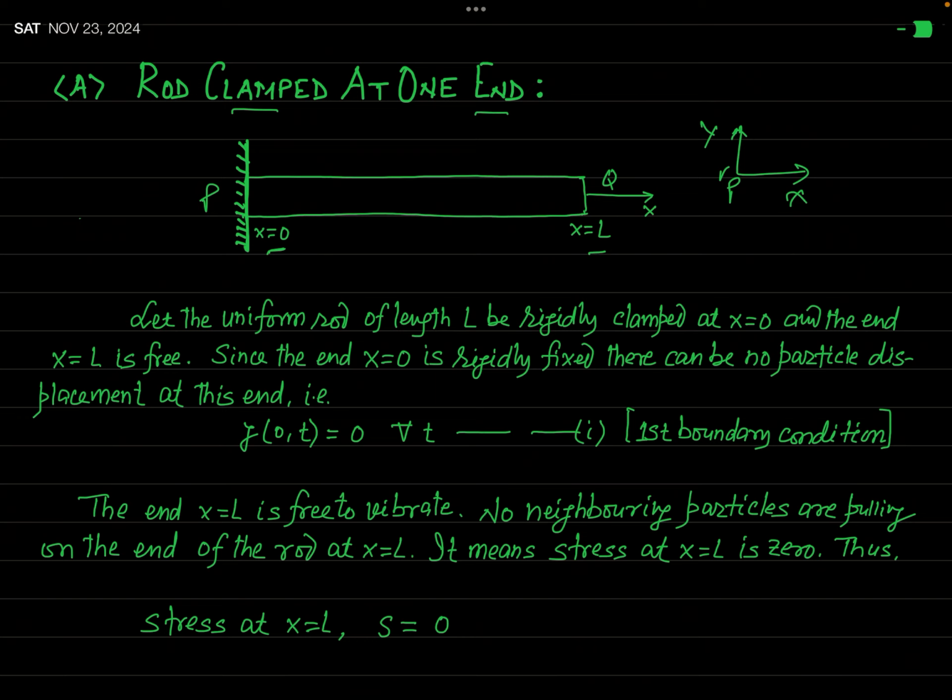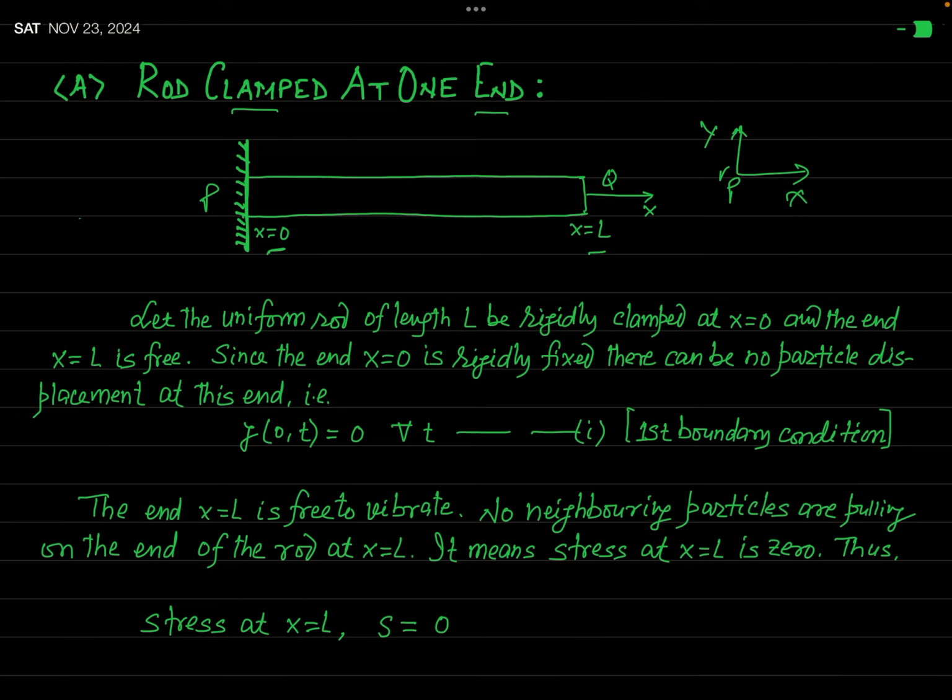So even after the disturbance is produced in the rod, the particles at the end x equal to 0 will not get displaced. Since the end x equal to 0 is rigidly fixed, there can be no particle displacement at this end.